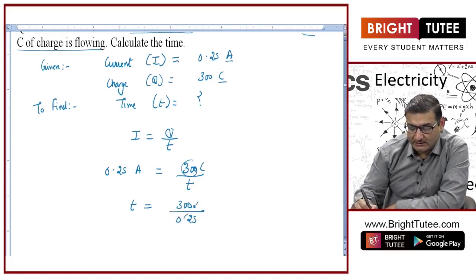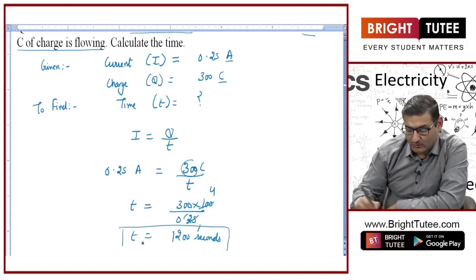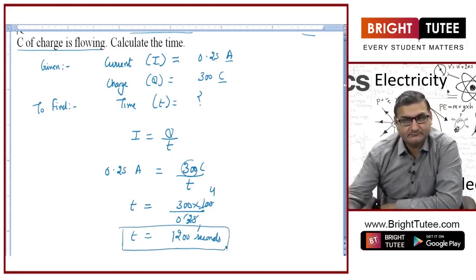Removing the decimal, I will be multiplying above by 100, I will get 1, I will get 4. So, the time comes out to be 300 into 4, which is 1200 seconds.